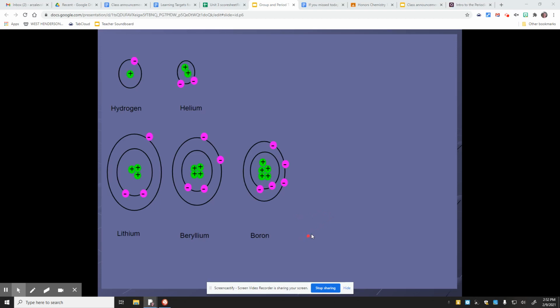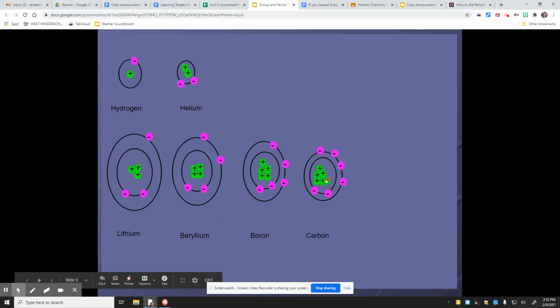All right. And then if we look at carbon, it has 6 protons in its nucleus. Again, a more positive nucleus, so the magnitude of the charge has increased, which means the valence electrons of carbon on that 2nd energy level are more attracted to the nucleus of carbon than they would be for boron or beryllium or lithium.